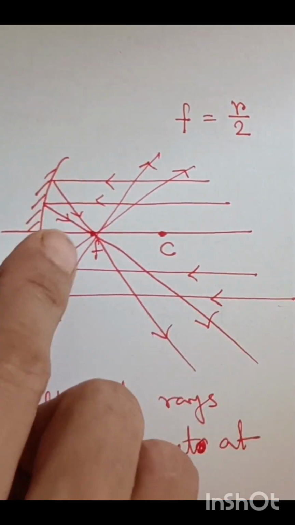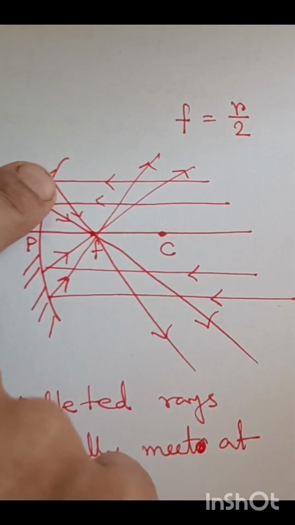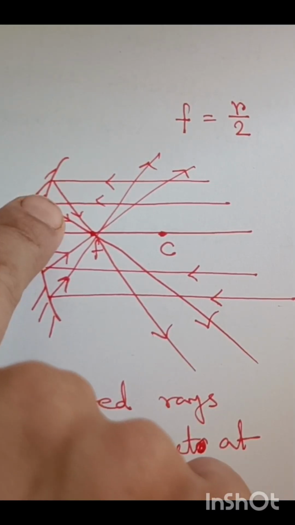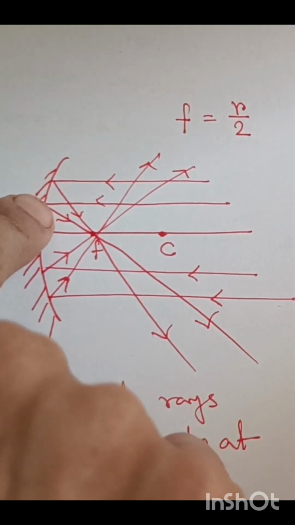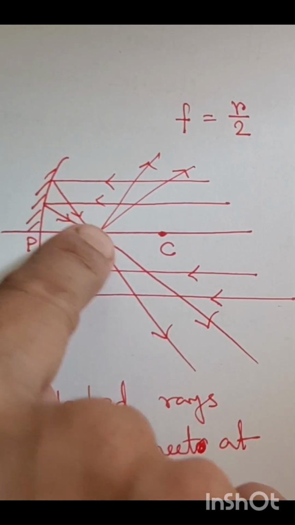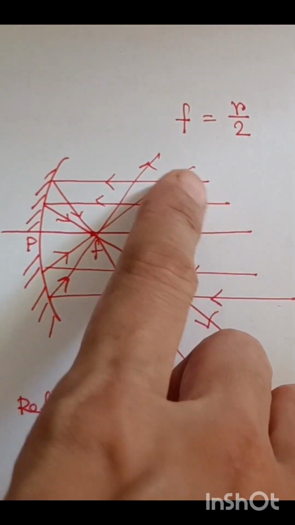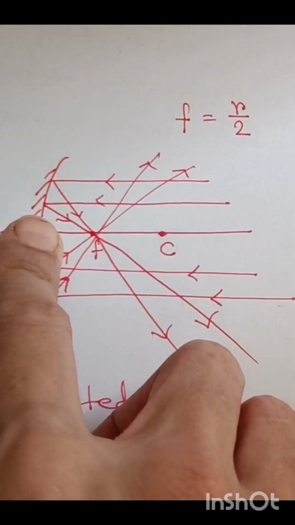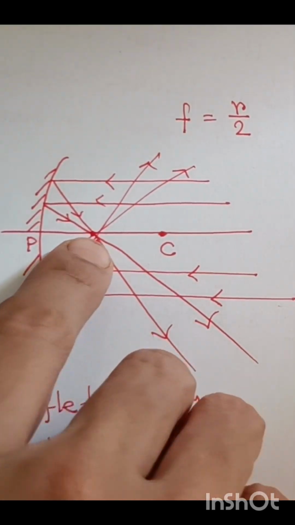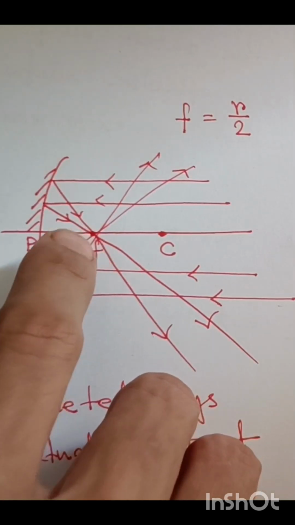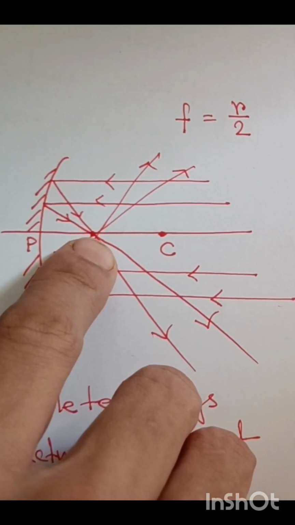All the parallel rays after reflection meet at the point F. F is called the focus point. PF is the focal length of this mirror. So, where the parallel rays meet is called the focus point, and the distance from the pole to the point F is called the focal length of the mirror.